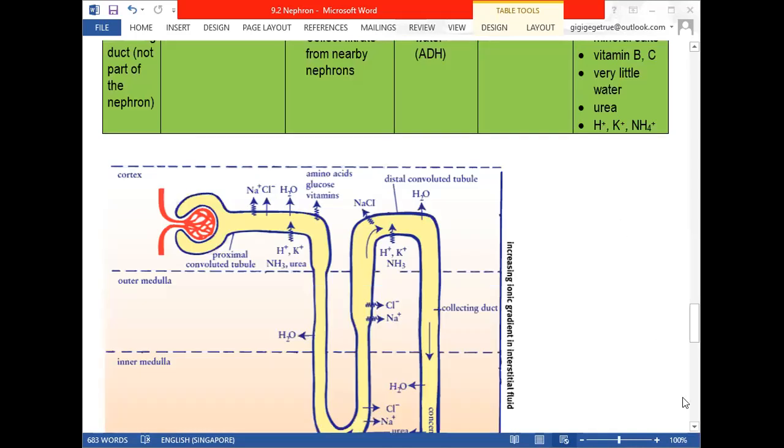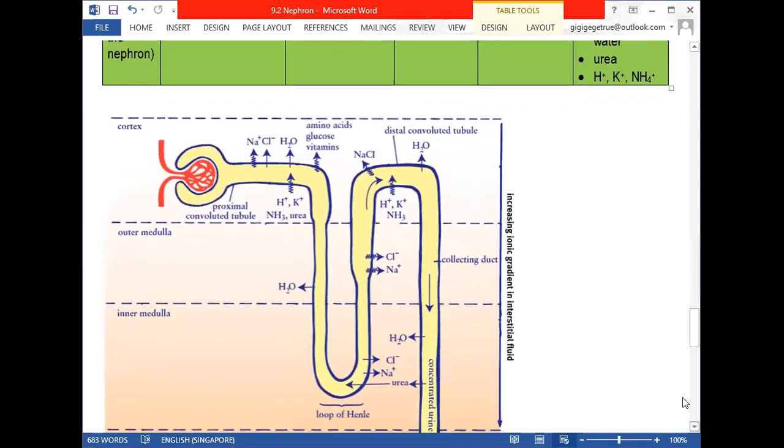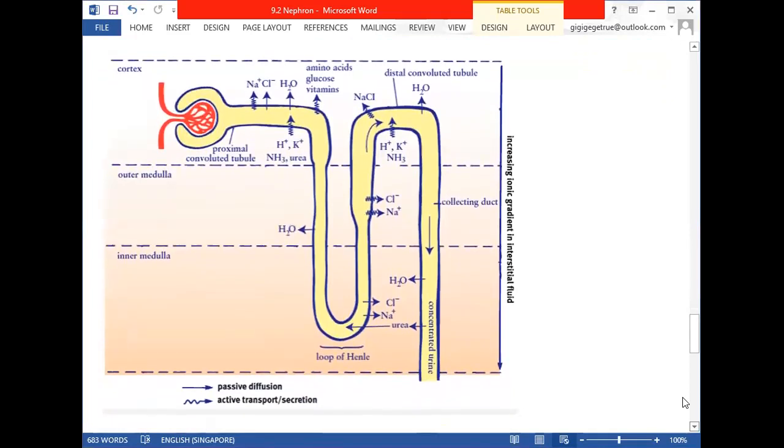Okay, so this is the final review here. You can see what are the stuff that, let's start from ultrafiltration through the Malpighian corpuscle. So after the glomerular filtrate enter the proximal convoluted tubule, PCT, sodium chloride are reabsorbed, water are reabsorbed.